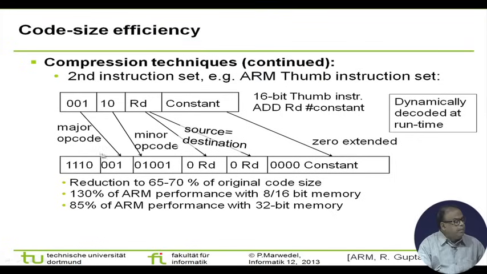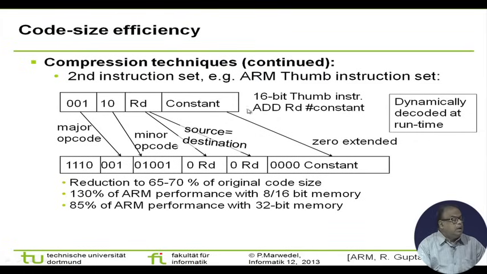Therefore, the opcode field becomes much less, and here I am coming with a reduced instruction set, all right, and the source and destinations are fine, but the constants are much reduced. We need not deal with such big constants, thereby we can have 16-bit thumb instruction. For example, add to some register some constant, okay.